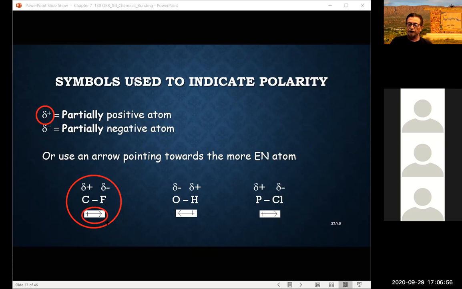That tells you that the carbon side has what is called a partial positive, and the fluorine has a partial negative side, okay? Not a full-fledged charge like the ionic compounds, but a partial, which is a good thing for us in organic chemistry.